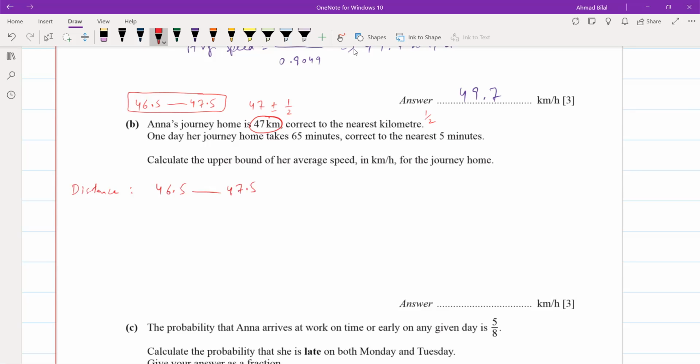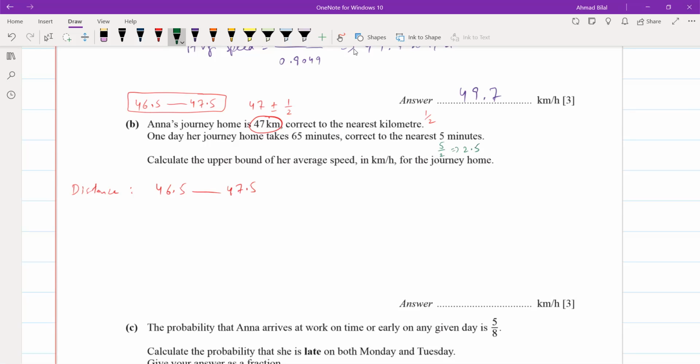ठीक है? इसी तरह यहाँ पे सेकंड पार्ट में देखें जहां पे हमारे पास टाइम दिया हुआ है. Now the time is 65 minutes. ठीक है? 65 minutes correct to the nearest 5 minutes. अब to the nearest 5 minutes का क्या मतलब है? 5 को 2 से डिवाइड किया, that is the error that's possible.